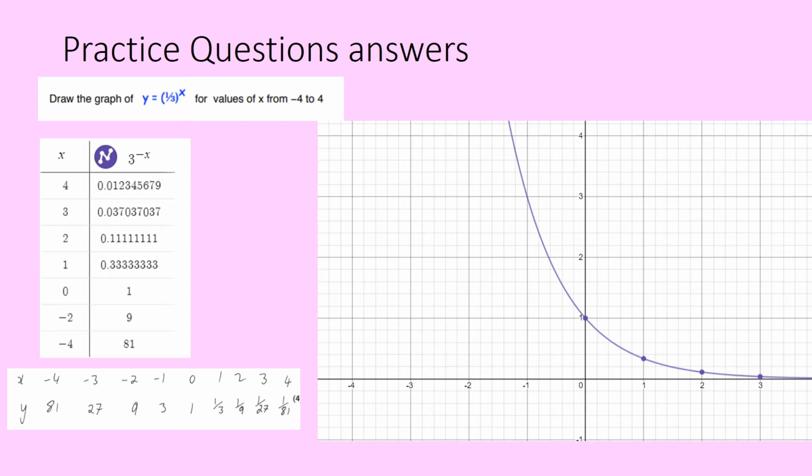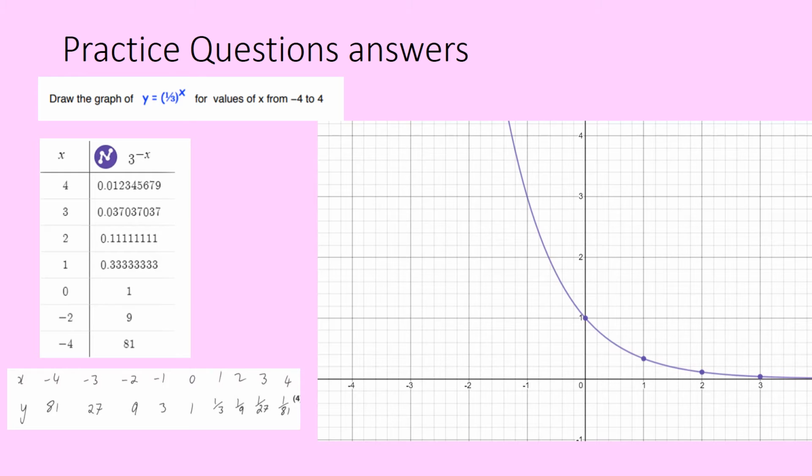So for question 2, the question asks, draw the graph of y equals a third to the power of x for the values of x from minus 4 to 4. So the first step would be to realise that a third to the x is the same as 3 to the minus x.